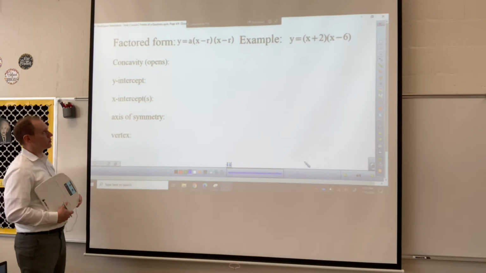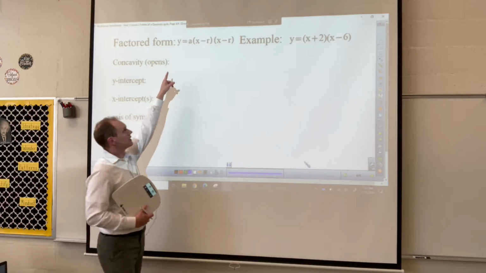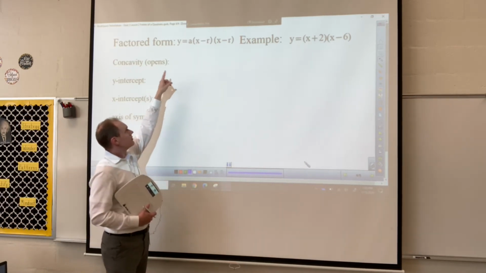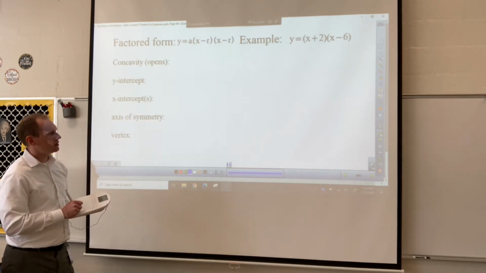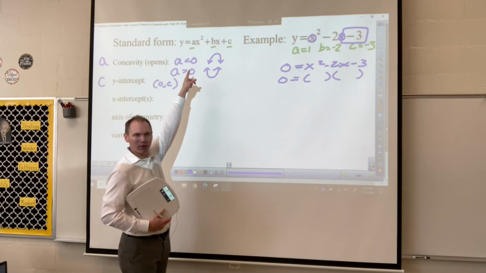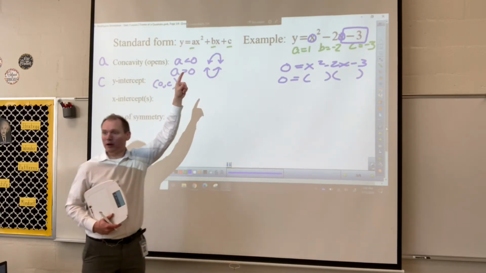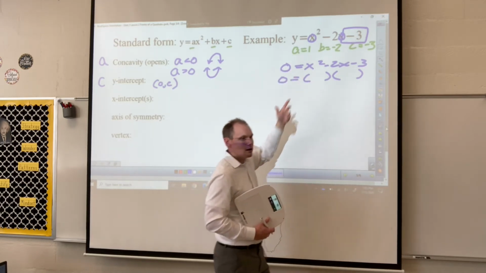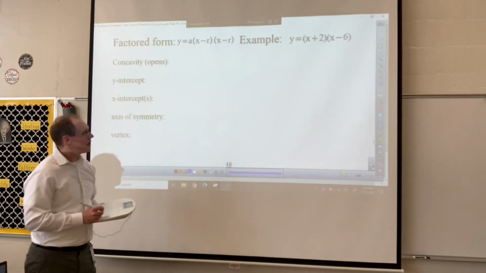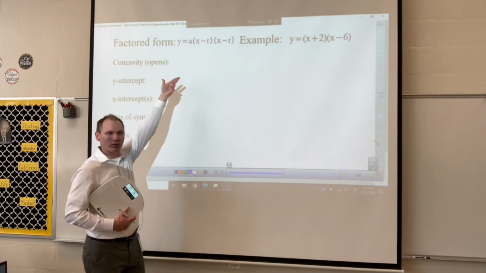Let's go into factored form. Factored form looks like this, where we have y equals a, and notice that, wasn't there an a in this form? It's the same number. The a in this form, which in this case was 1, is the same value if you were to convert it to this form.